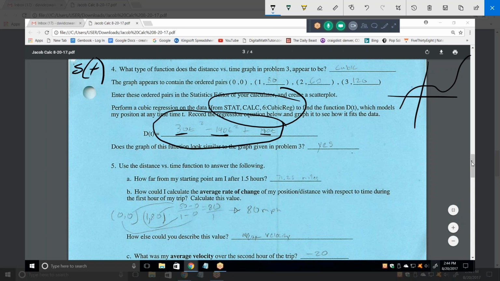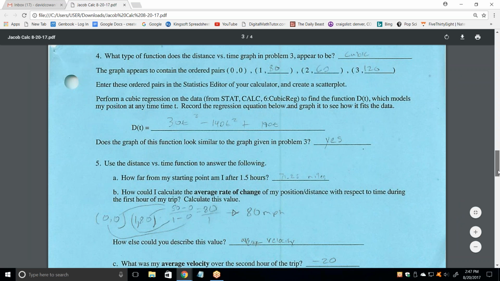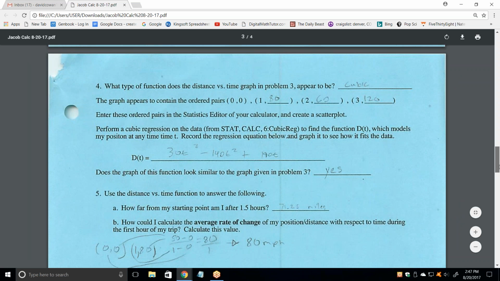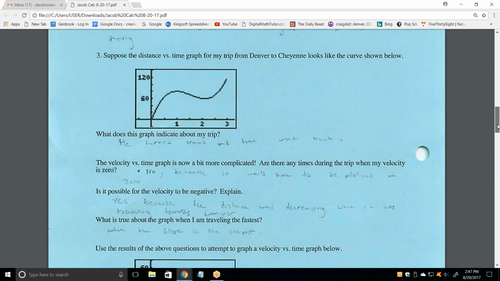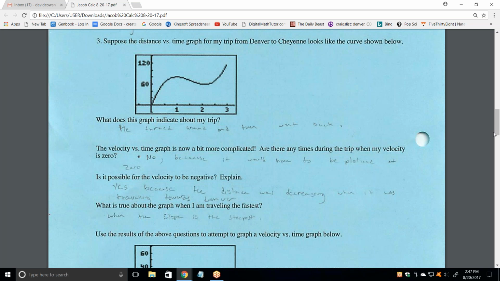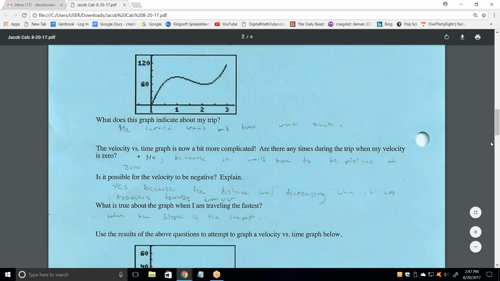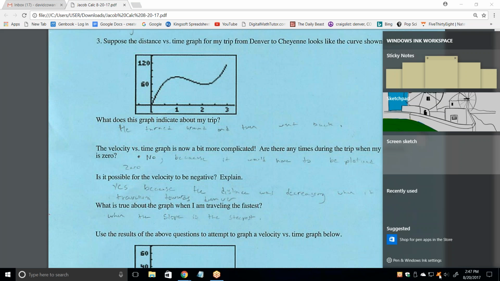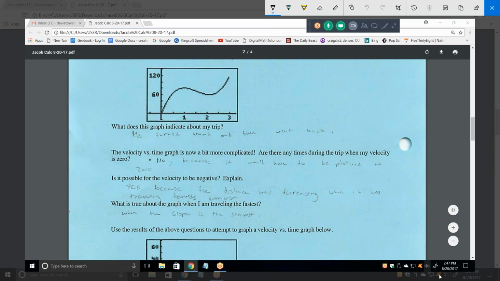Now, how far from my starting point am I after 1.5 hours? Let's go back to this because I need to pull up this graph. This graph here was the graph they're talking about. So at 1.5 hours, hold on. That's right there.